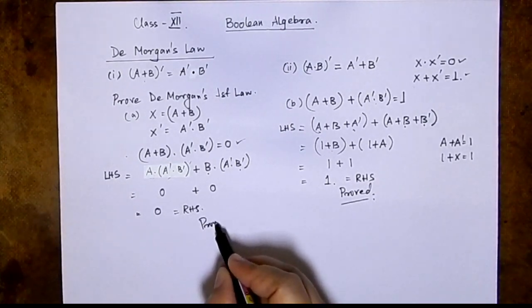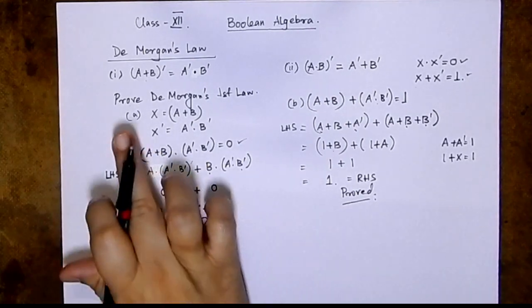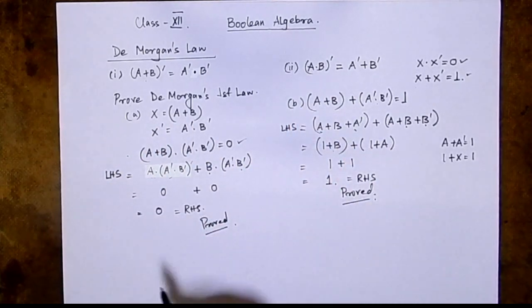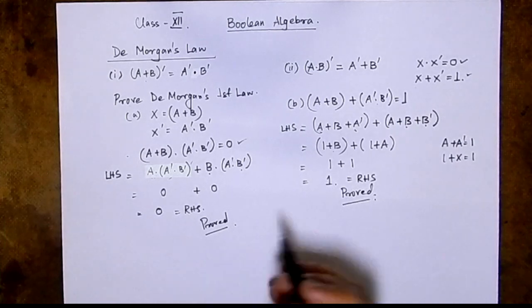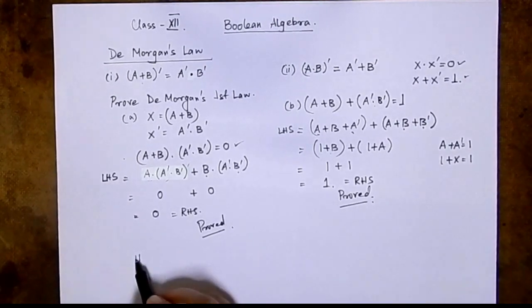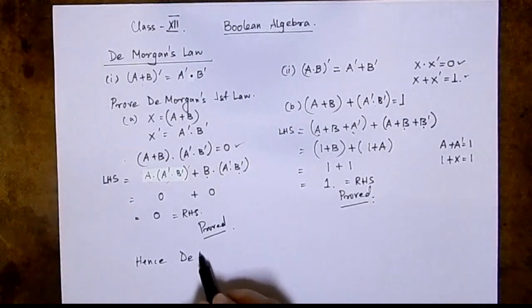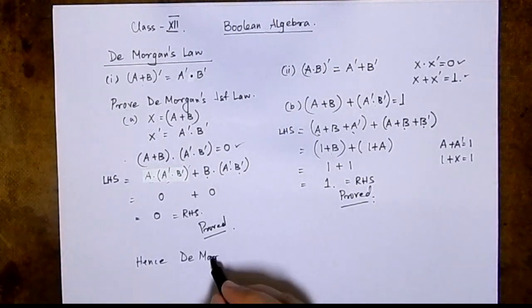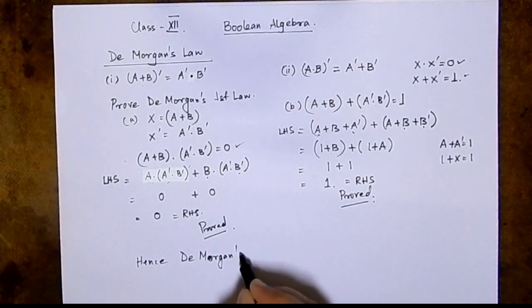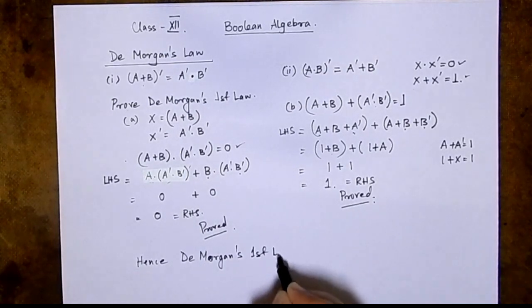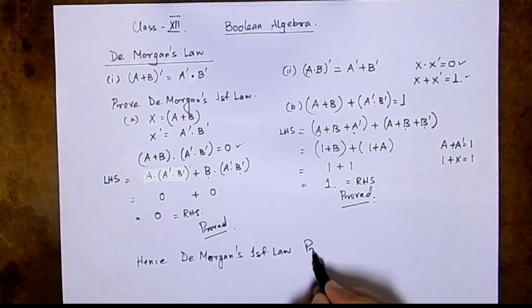Now since we have been able to prove both the conditions A and B, that means we have proved the first law. Hence De Morgan's first law proved.